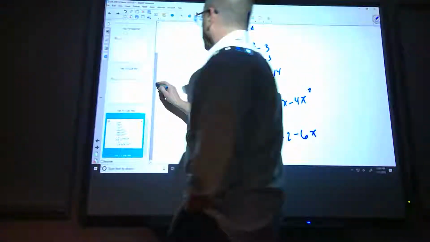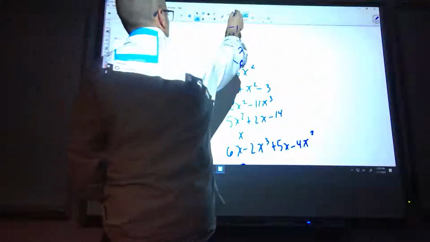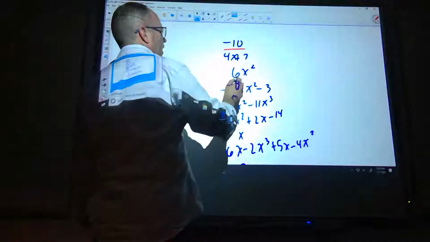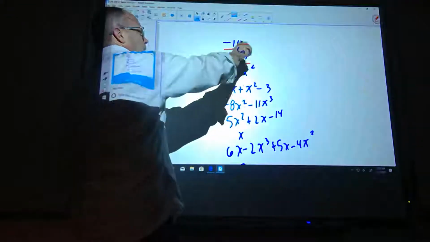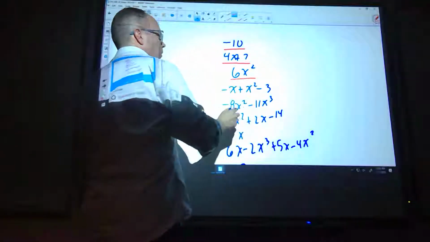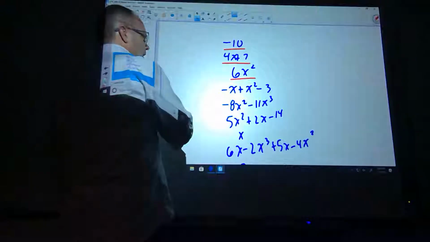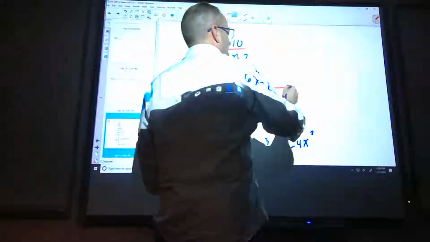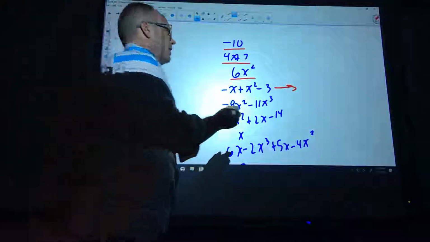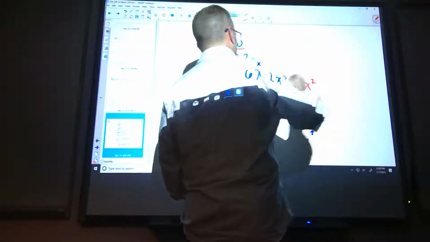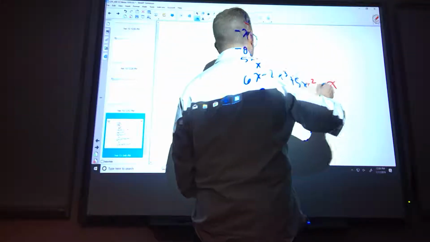So let me underline the ones that are in standard form first. That's in standard form. That's in standard form because it's decreasing. That's in standard form. And then this one, to put it in standard form, I need to take the sign preceding it and go from highest exponent to lowest exponent to constant.